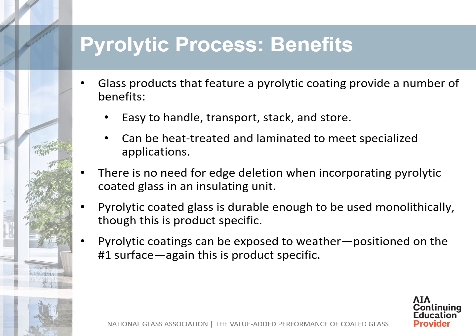They also resist corrosion, and this type of coating can be specified for monolithic and surface 1 use. When processing IGUs with pyrolytic coated glass, there is no need for edge deletion of the coating. This simply means removing a portion of the coating at the perimeter of the glass to ensure no coating is exposed to the atmosphere.